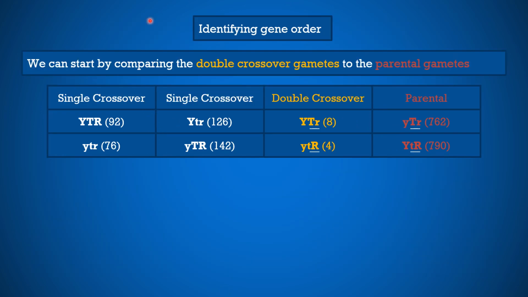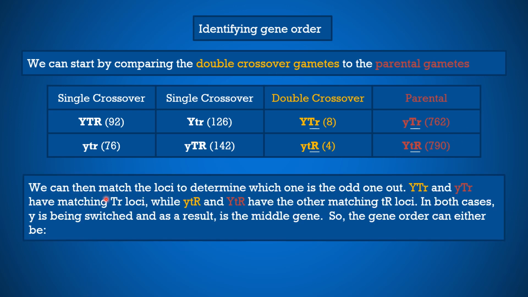Now we're going to identify the gene order. We compare the double crossover gametes to the parental gametes here and here, and we can then match the loci to determine which one is the odd one out.